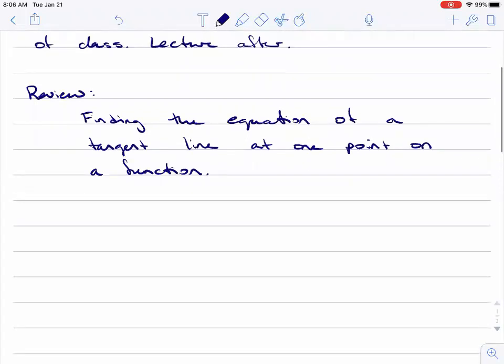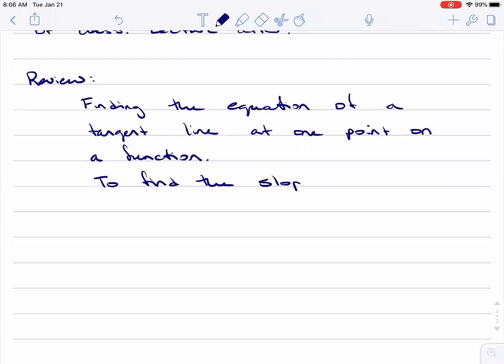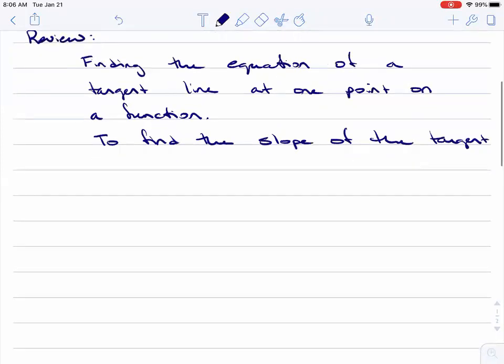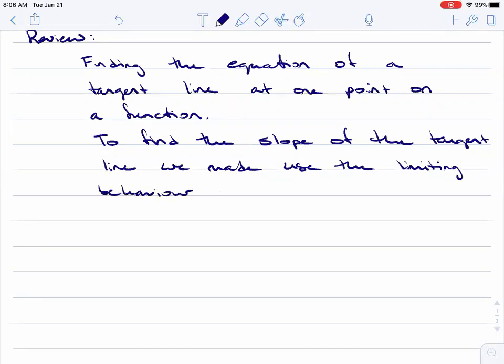And so to find the slope of the tangent line, we made use of the limiting behavior of the secant line, obviously at the point that we're interested in.